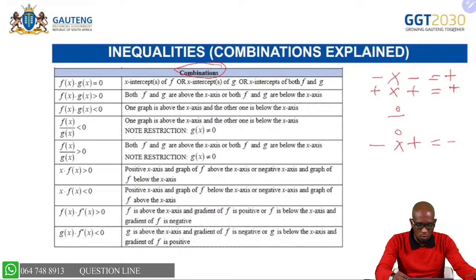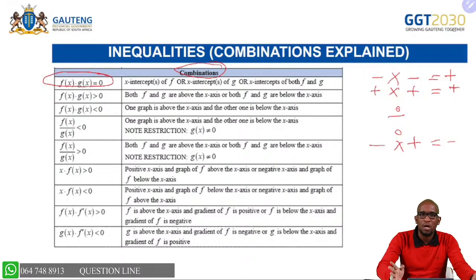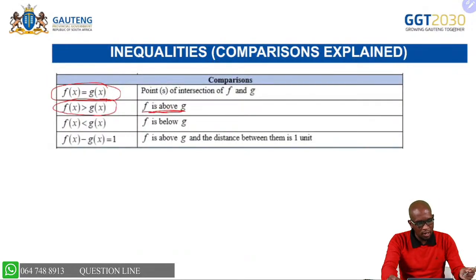We're going to check where the function is negative or whether the function is positive. How are we going to look at that? We're going to start with the reference f of x times g of x is equal to 0. That is the reference of combination. Remember, with comparison, the reference was when f of x was equal to g of x.